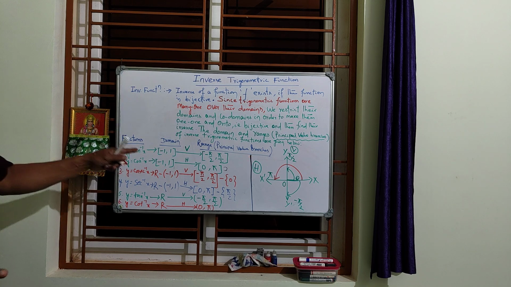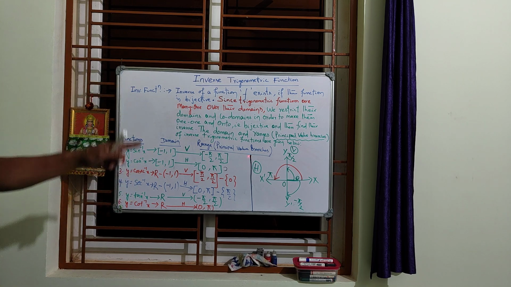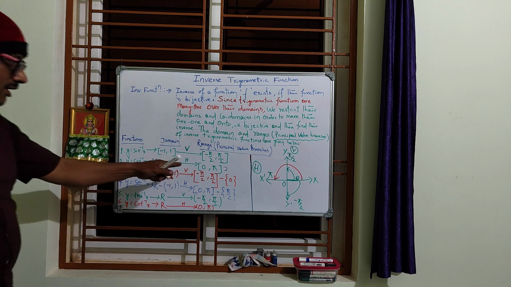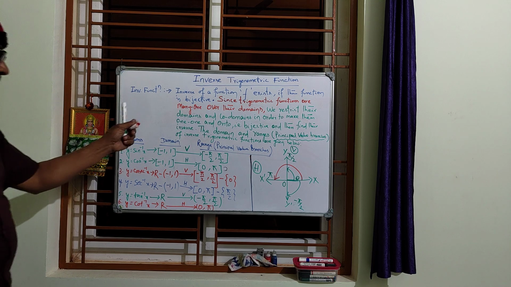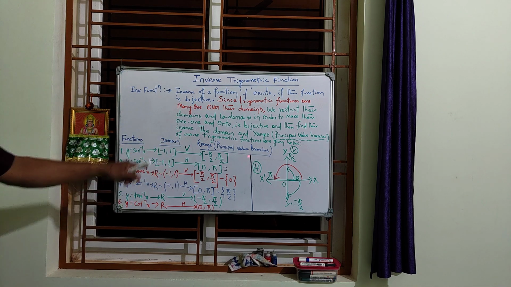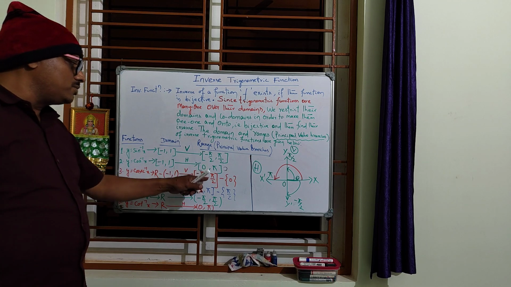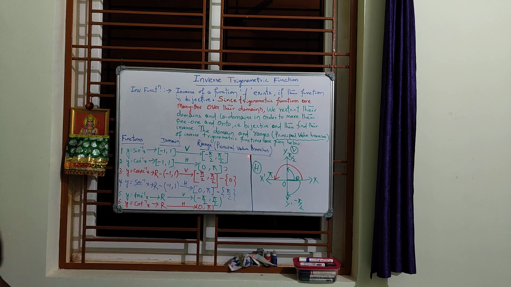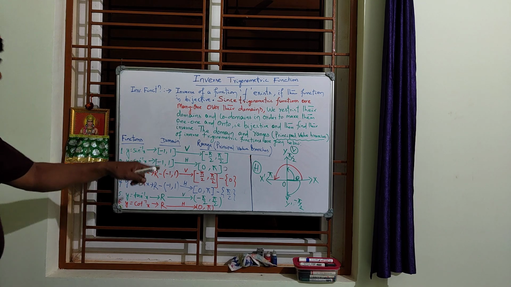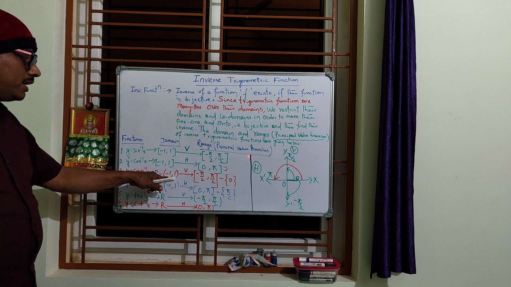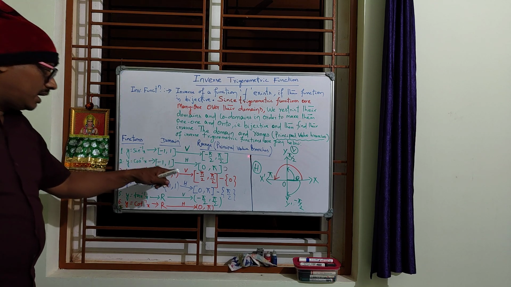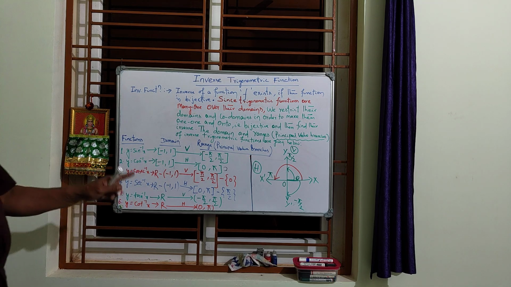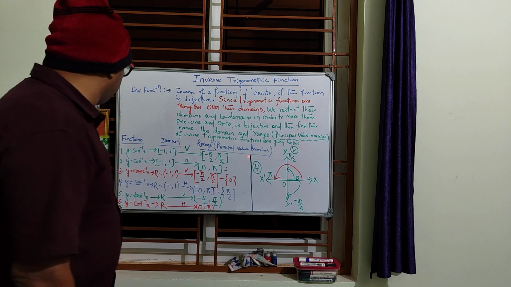Sin x is 0 when x is 0. That 0 value must be excluded from the interval minus pi by 2 to pi by 2. That's why the range of cosec inverse x is minus pi by 2 to pi by 2 minus 0. Its domain is R minus the open interval minus 1, 1. Here minus 1 and 1 are included, and in between them all values are excluded.